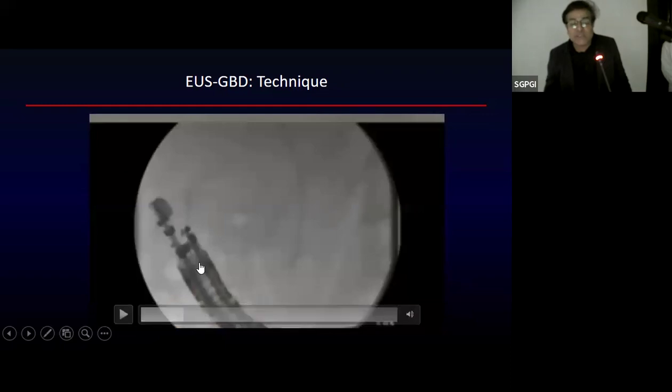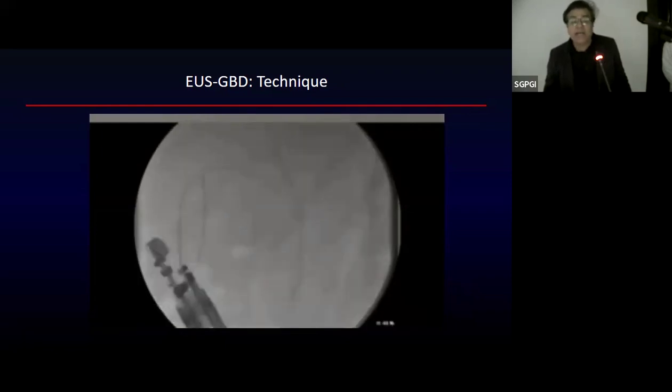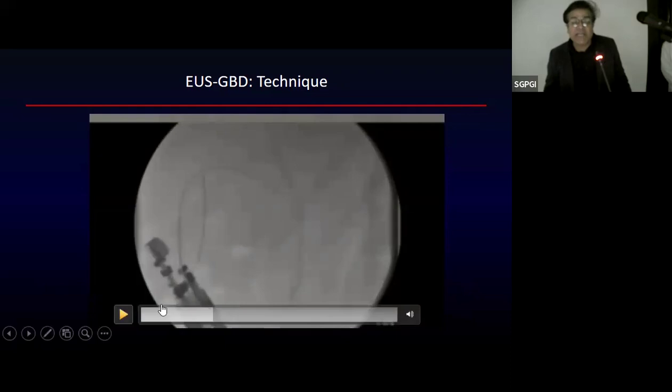We have positioned this in D1, in a long loop position. This is a 19 gauge FNA needle, and with puncture into the gallbladder, the next step is to pass a wire. This is the wire that you can see looping into the gallbladder lumen.